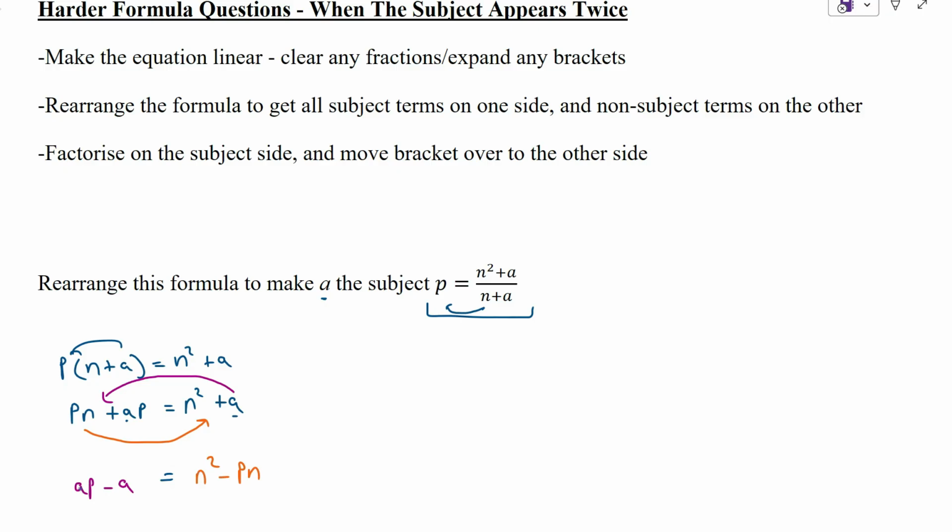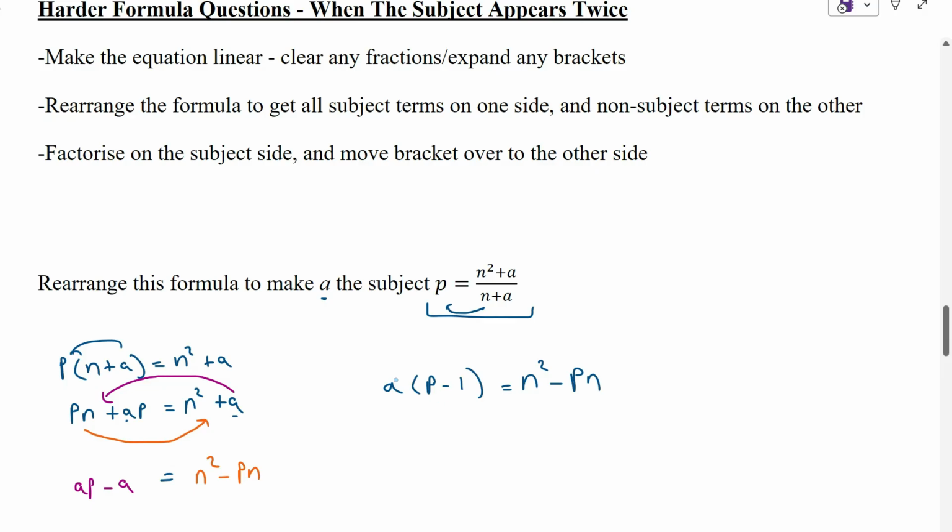However, we still have A in both of these terms. We want just one A, and the way we're going to do that is we're going to factorize. If we take A out of this equation as a common factor, we will get A brackets P minus 1 equals n squared minus Pn.